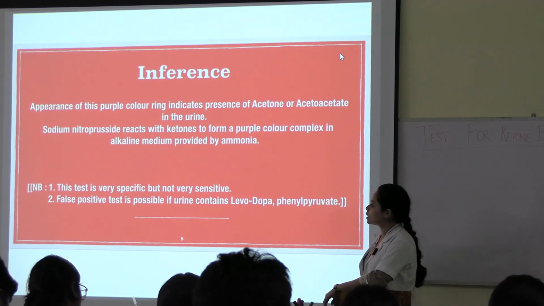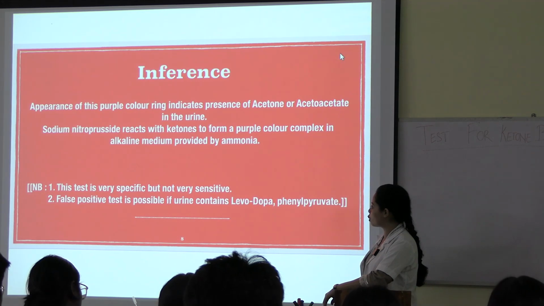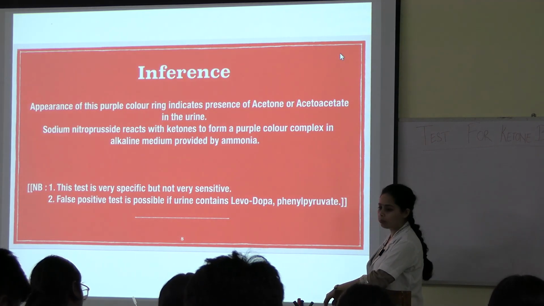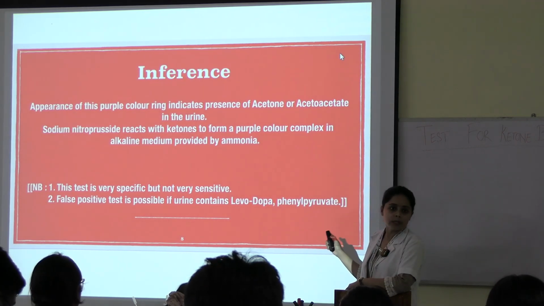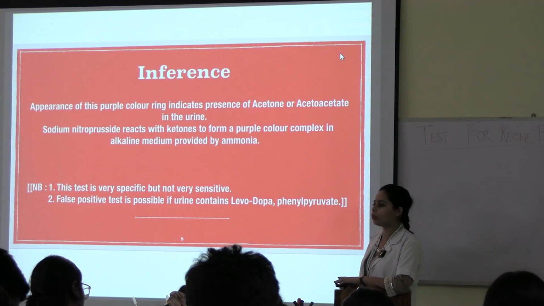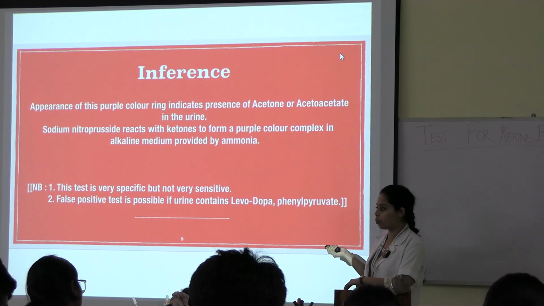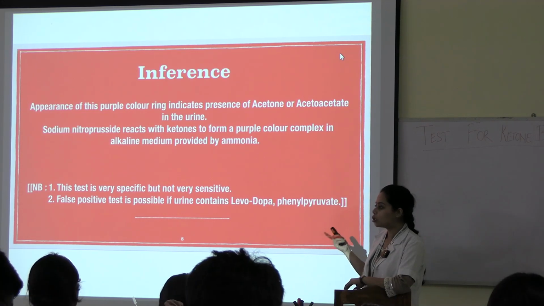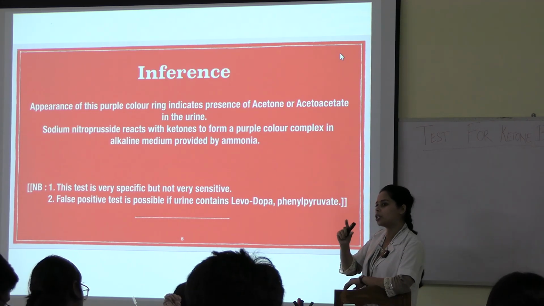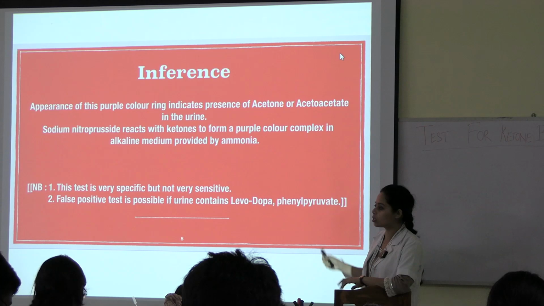A false positive test is possible if urine contains levodopa or phenyl pyruvate. If the person is suffering from Parkinsonism, in that case we give levodopa medicine. It's a medication, so the sample of that patient can give a false positive for ketone bodies.